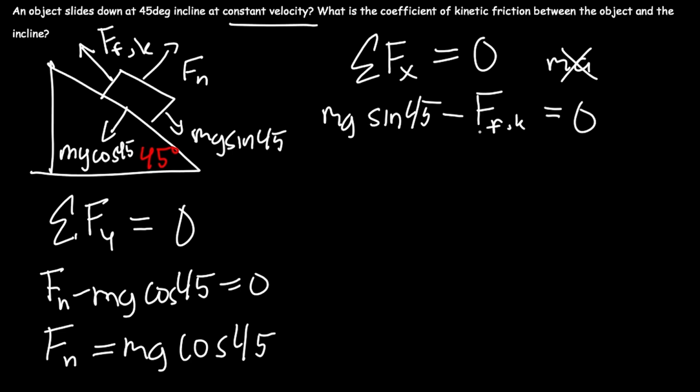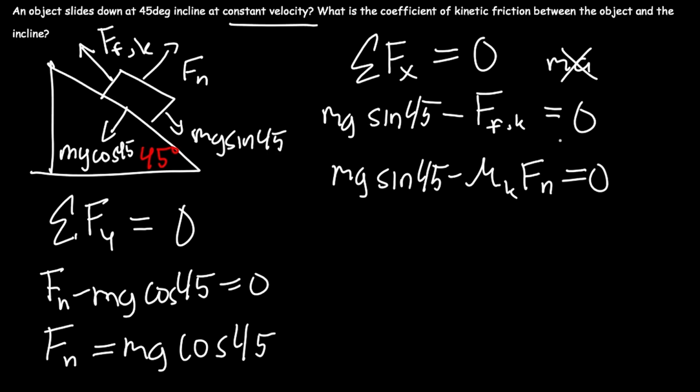And we can expand this friction as mg sine 45 minus mu sub k times Fn, so this is the standard formula for friction, right? Is equal to 0.